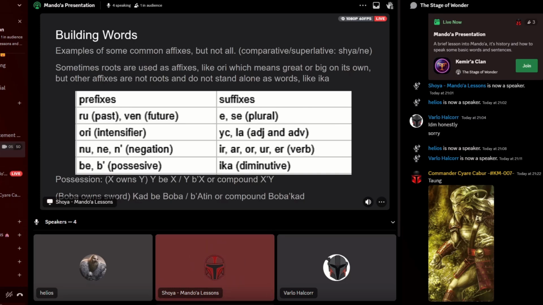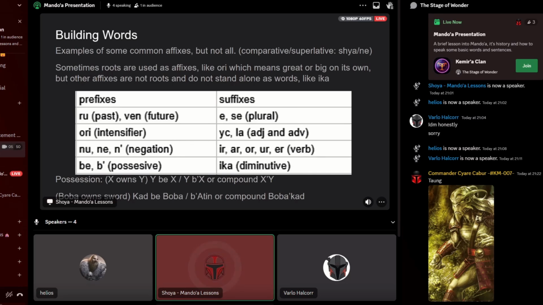And then the other, like I said, this isn't everything, but another prefix that is most common is probably the possessive prefix, and that is be. You can say be or b' for the e there. The ones that are just the consonant and the baten, the apostrophe, those are for if the next word starts with a vowel.